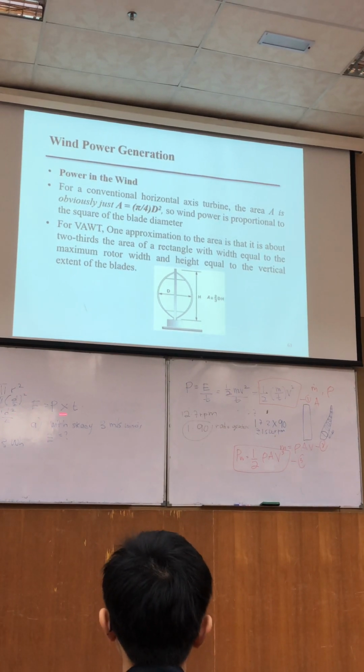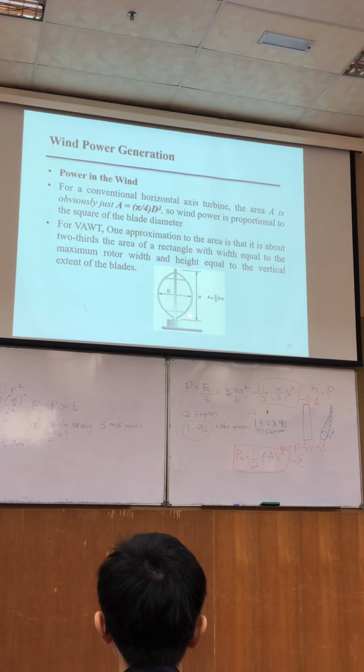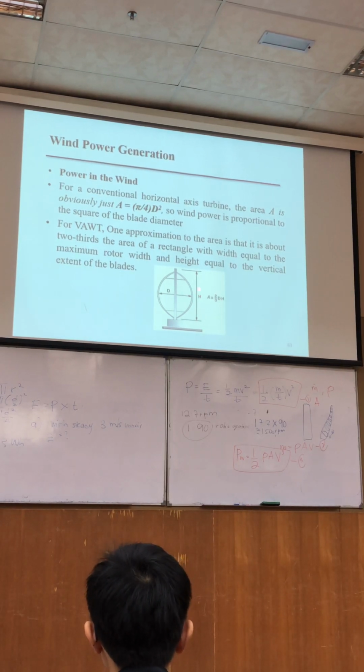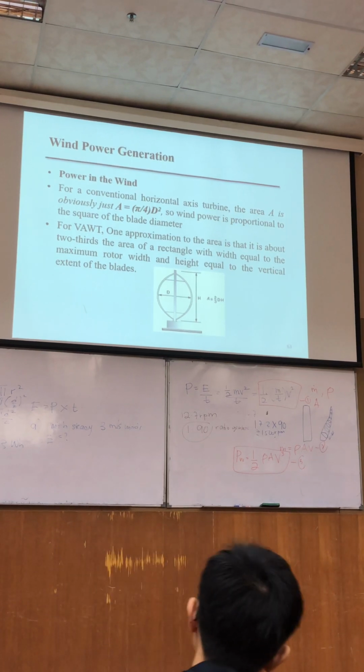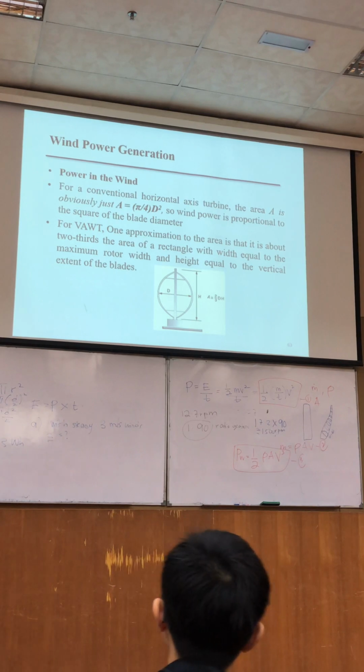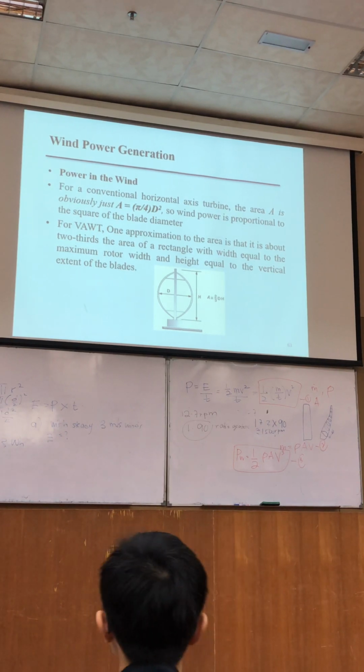For vertical, the area is 2/3 multiplied by t, the width, and then the height. This is the difference between the vertical and the horizontal in terms of the area only.